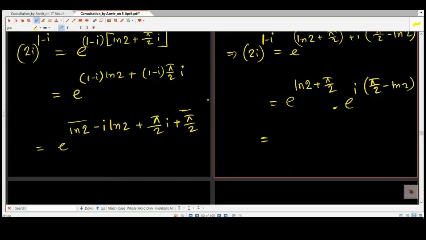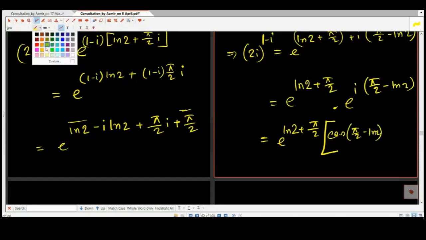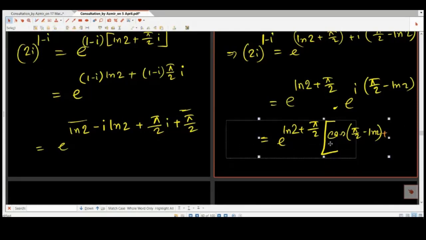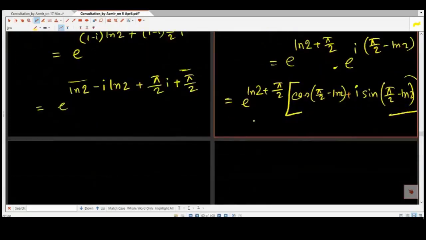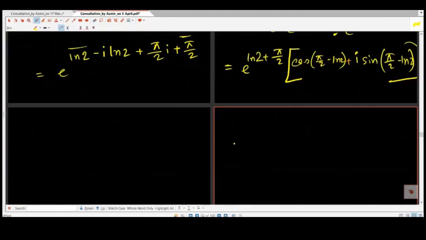Now we can see it is e to the log 2 plus pi over 2 times e to the i theta, that is cosine theta plus i sine theta. So we can also write it in u plus vi form.